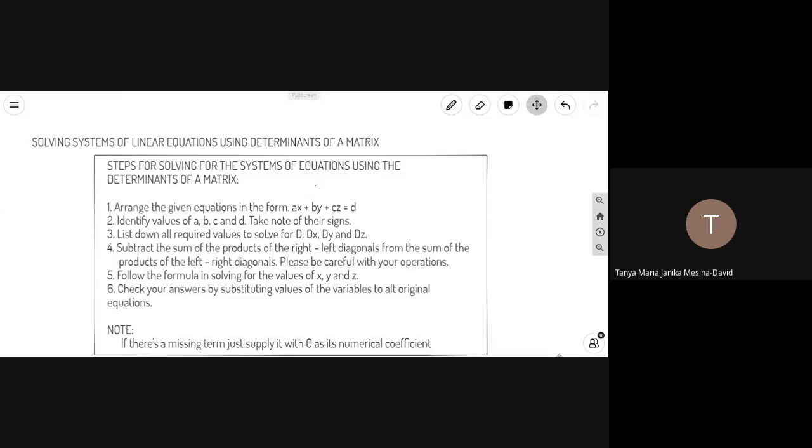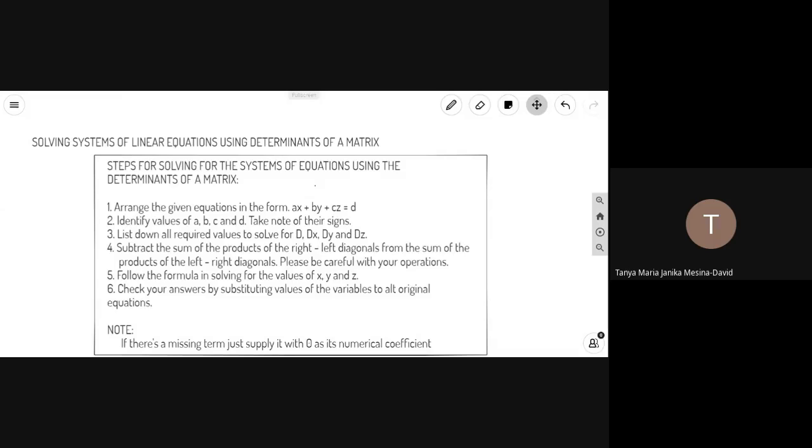Next, we list down all required values to solve for D, Dx, Dy, and Dz. So what do we mean by these symbols? D means determinant, Dx means determinant of x, Dy means determinant of y, and Dz means determinant of z.